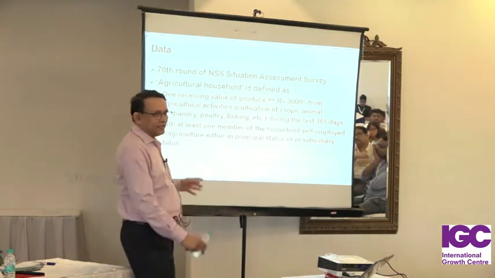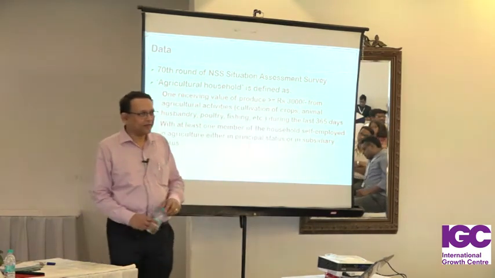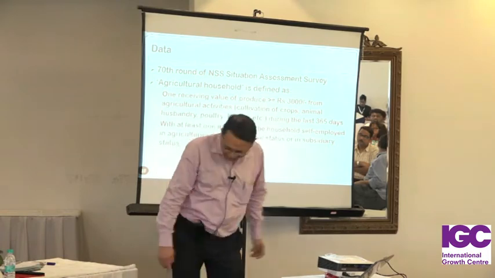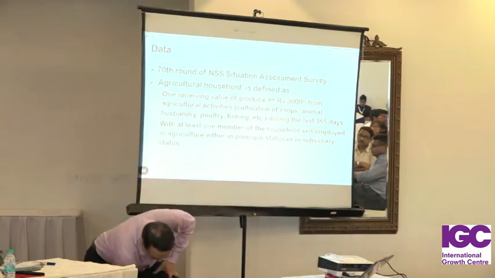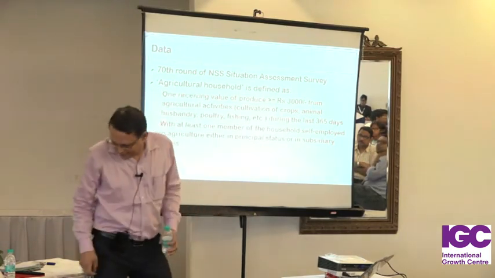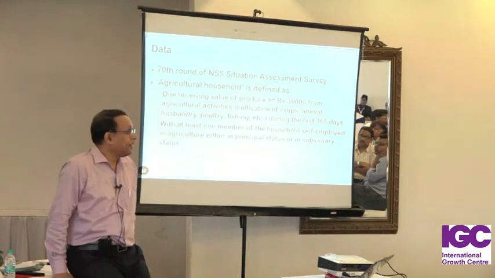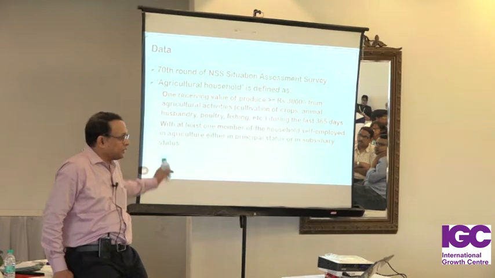So this is the definition NSS uses. 3,000 rupees for the entire year. Value of produce, not net returns. This is 2011-12 prices or 12-13 prices, sorry, current.